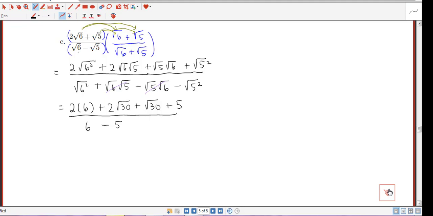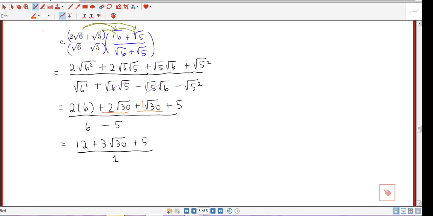Now let's keep simplifying this a little bit more. So this is going to equal to what? 2 times 6, 12. Now do you see that I can combine these two? These are like terms, right? You have positive 2 square root of 30 plus 1. There's an invisible 1 sitting there, remember? 1 times square root of 30. So how many? You're going to have 3 square root of 30. And then plus 5. Whole thing over 1.